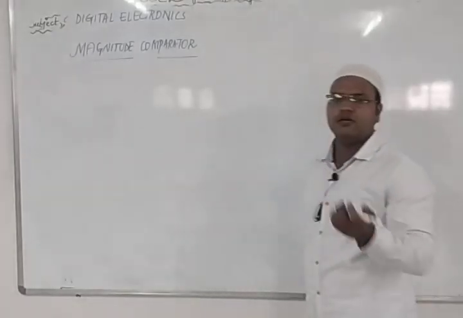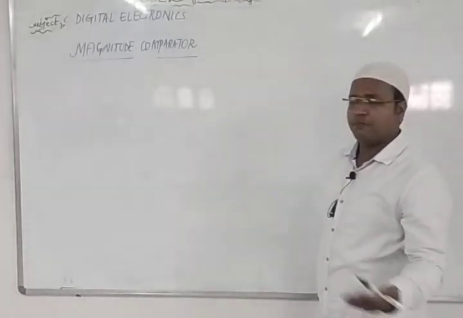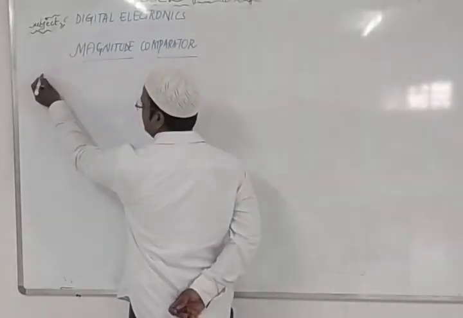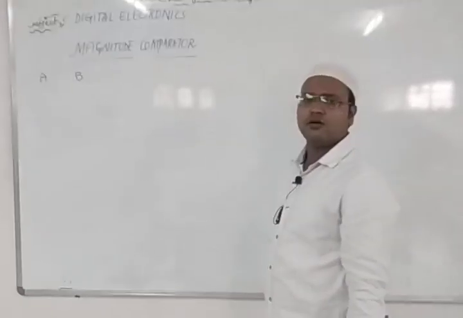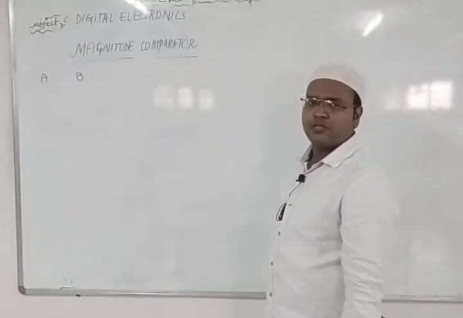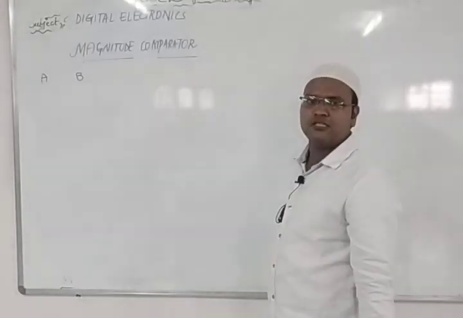Comparison is nothing but comparing the first bit. If I have an A bit and a B bit, what comparison is possible bit by bit? That bit comparison we are also going to do in digital electronics.